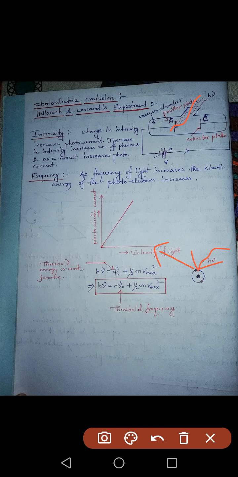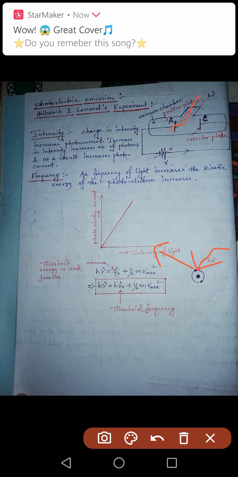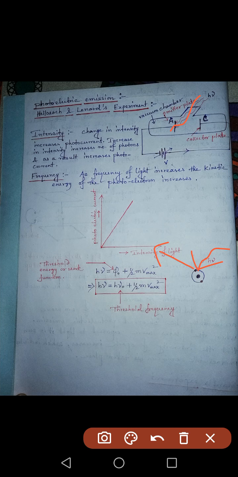That current is called photocurrent, and the electron which is emitted is called the photoelectron.